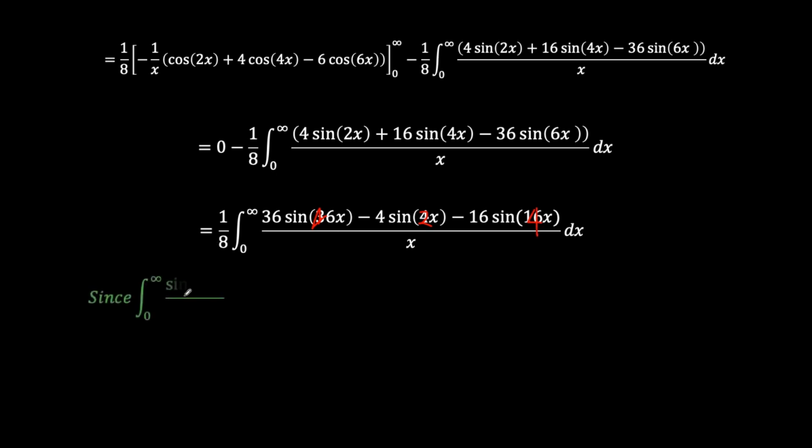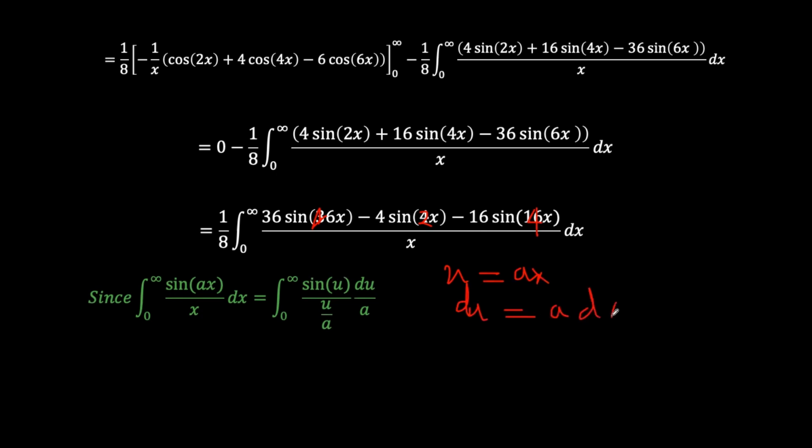So, if you have sine ax over x, when you integrate that from 0 to infinity, and you say let u be equal to ax, definitely du is the same as a dx, and dx therefore is the same as du over a.